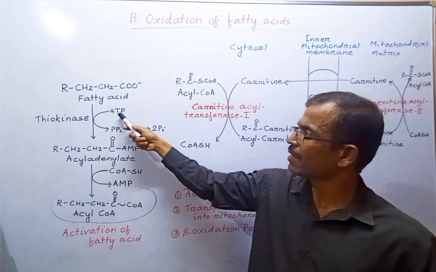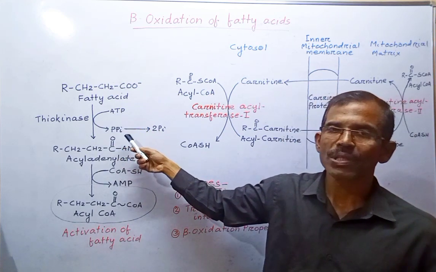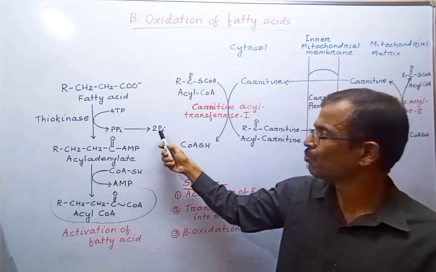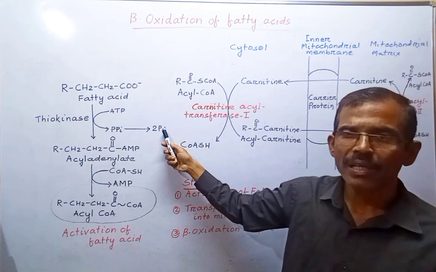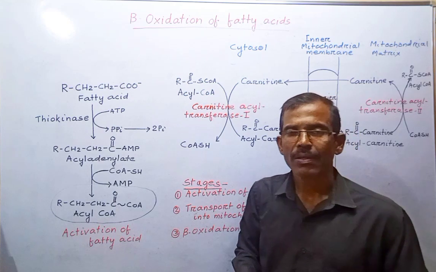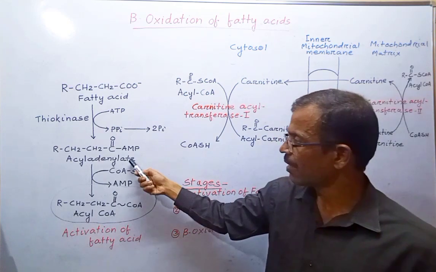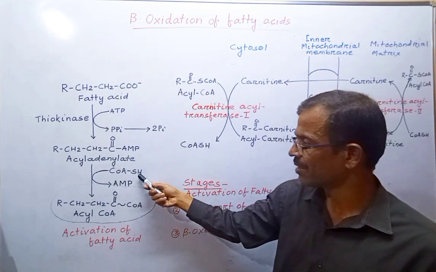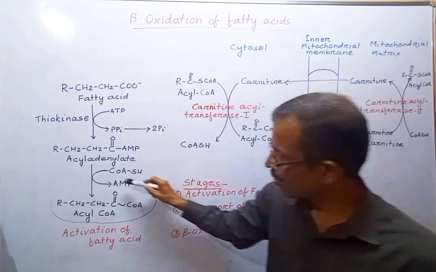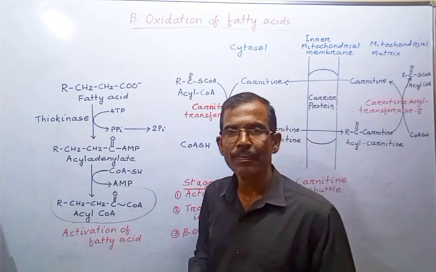In this step, ATP is converted to inorganic pyrophosphate, which is then hydrolyzed by the enzyme pyrophosphatase to form 2 inorganic phosphate, thereby making this activation process totally irreversible. In the second step, acyl adenylate reacts with coenzyme A to form acyl coenzyme A. So, acyl coenzyme A is the activated fatty acid.